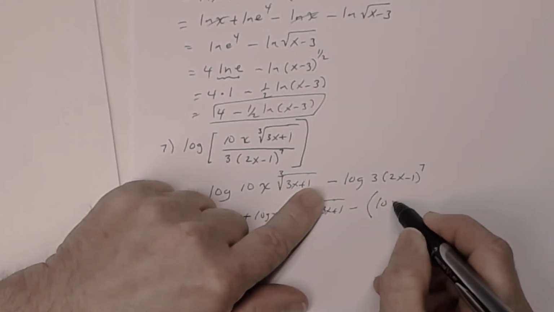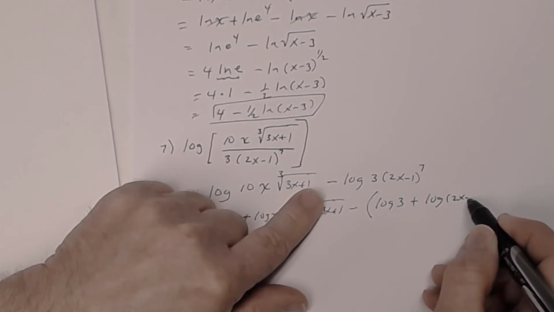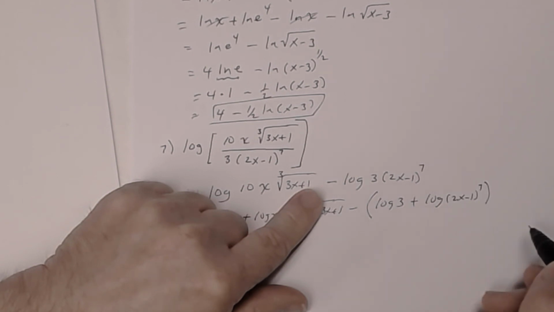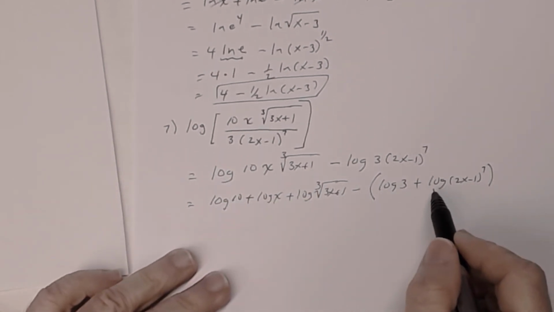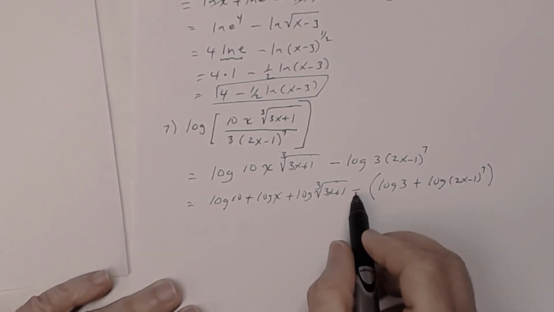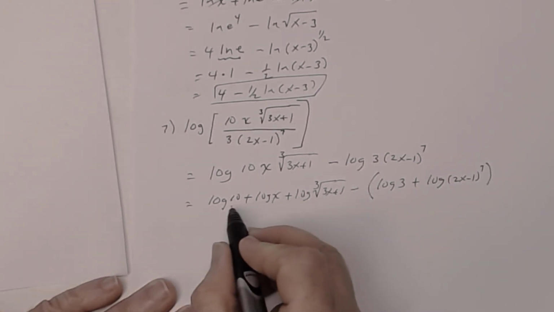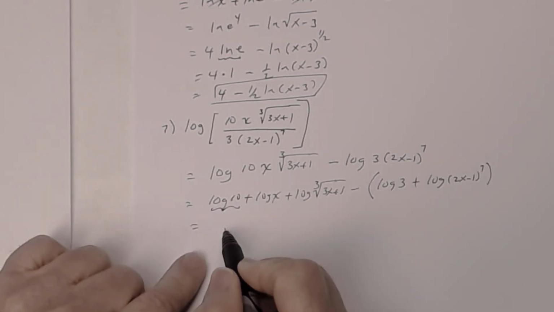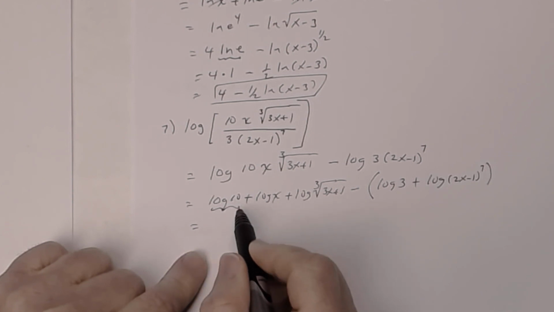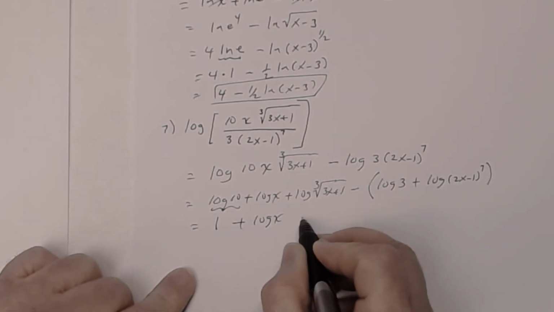So that becomes a log of 3 plus the log of 2x minus 1 to the 7th power. Then getting rid of the parentheses, remember, subtraction means adding the opposite. And by the way, the log of 10, remember, is 1, right? 10 to what power is 10? So that's 1. So that's 1 plus the log of x.